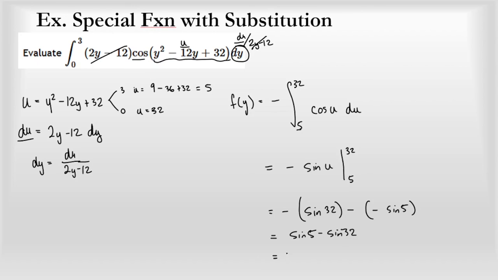I'm going to do it this way. Sine 32 is 0.55, maybe that's a 143. Minus the sine 5, negative 0.95892. Okay, you can run those through your calculator to double check me.